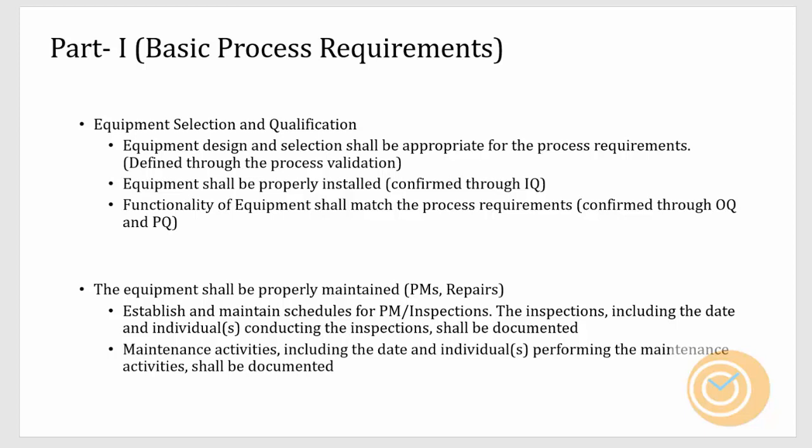In the first part, we'll cover the basic process requirements, how you can have a good system in place before you start using the automated solutions. So, the equipment selection and qualification. Those are the basic things covered in your process validations. You need to have a good equipment design and selection process in the first place, to make sure that the equipment meets its need and the process requirements, and that the equipment is properly installed.